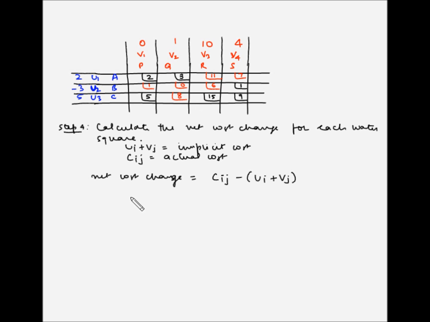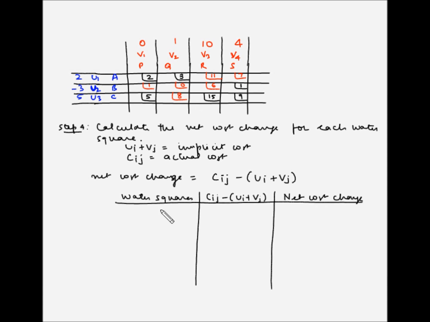So let me prepare a table. So the water squares are AR, AS, BP, BQ, BR and CQ.